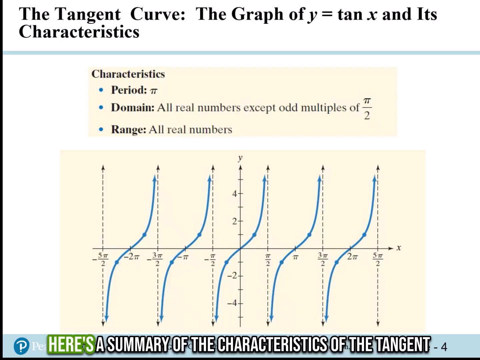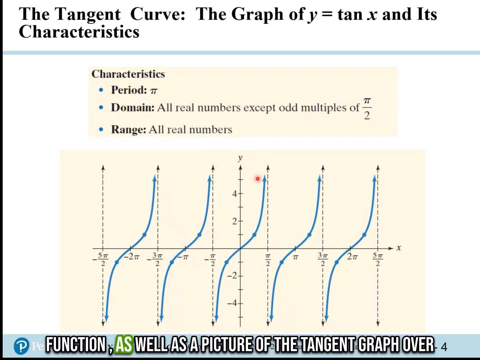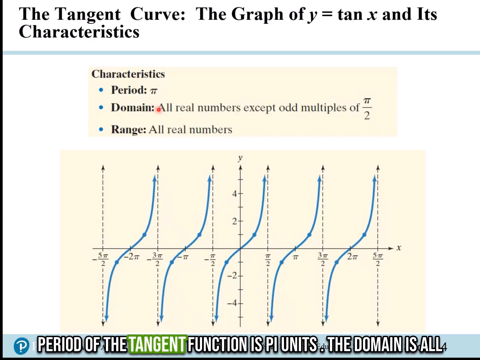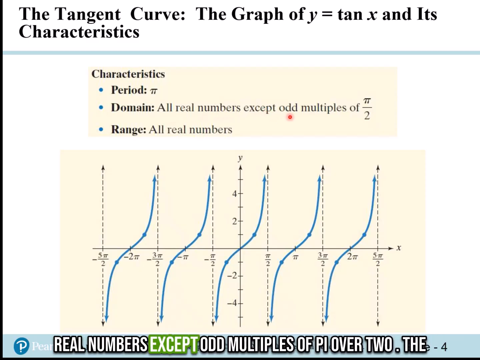All right? Here's a summary of the characteristics of the tangent function as well as a picture of the tangent graph over different cycles. The first characteristic is that the period of the tangent function is pi units. The domain is all real numbers except odd multiples of pi over 2.